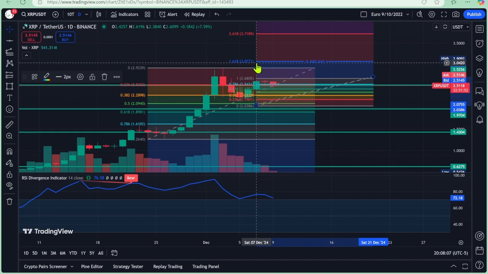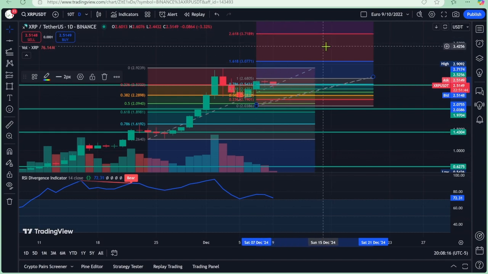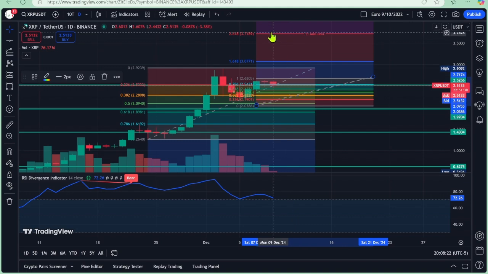It has a $3.07 immediate target. The blue line, which is 1618, but the 2618 goes up a little bit higher by the tune of about maybe 70 more cents per coin. So that's what we're looking at right now, based on if this current price falls down to this region here.